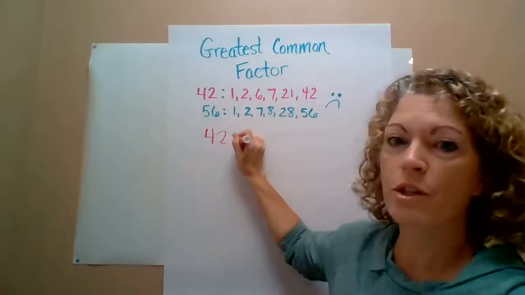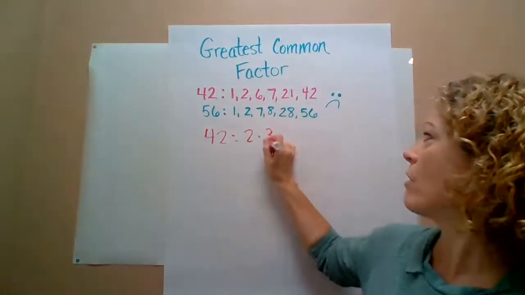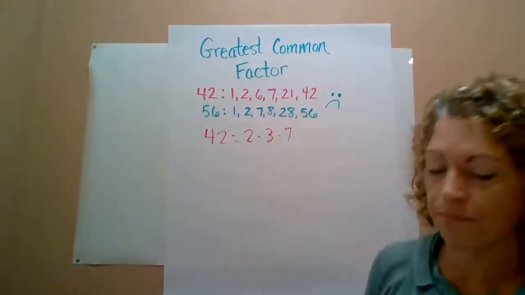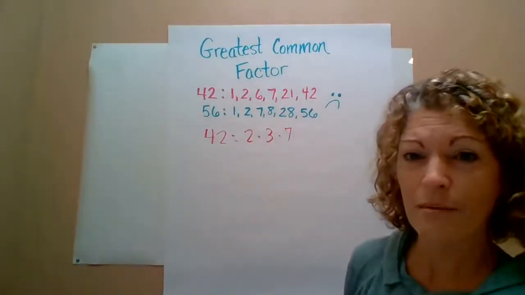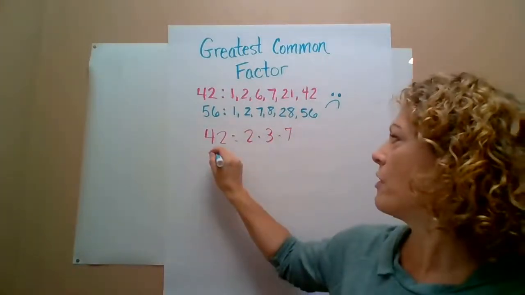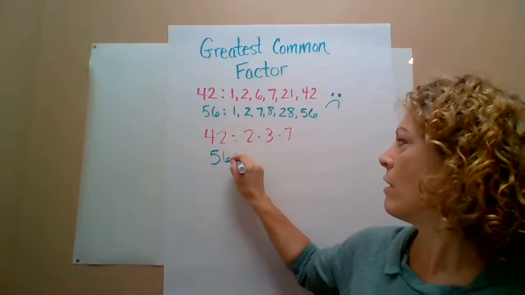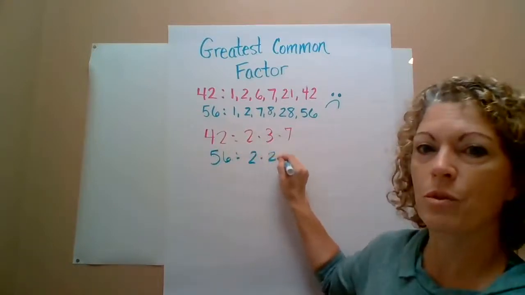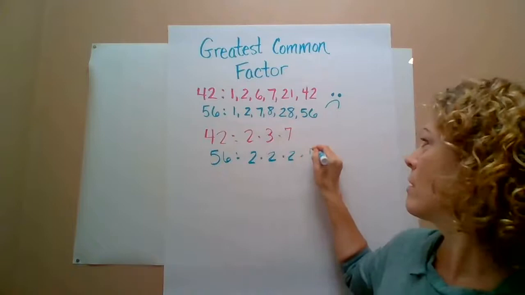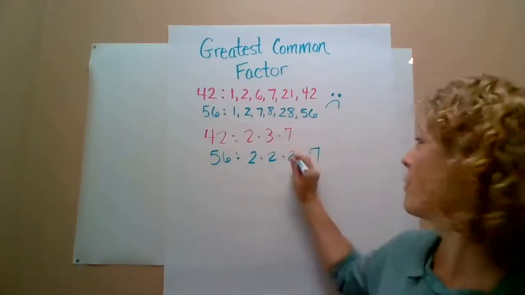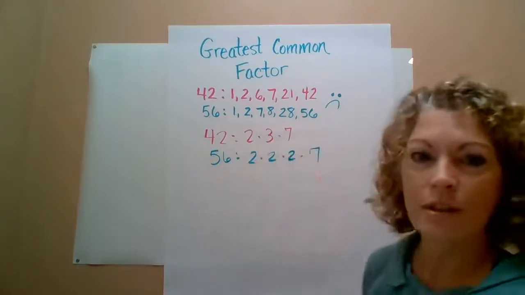For prime factorization, 42's prime factorization is 2 times 3 times 7, right? 6 times 7 is 42. And 56 is 2 times 2 times 2 times 7. I'm writing those all out so we can see every single one.